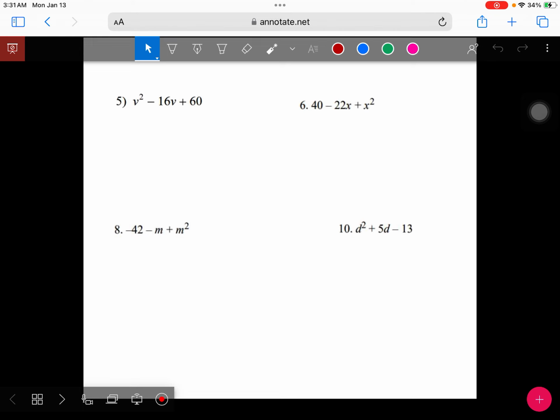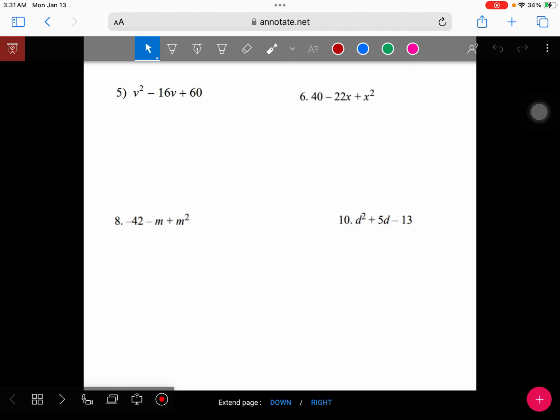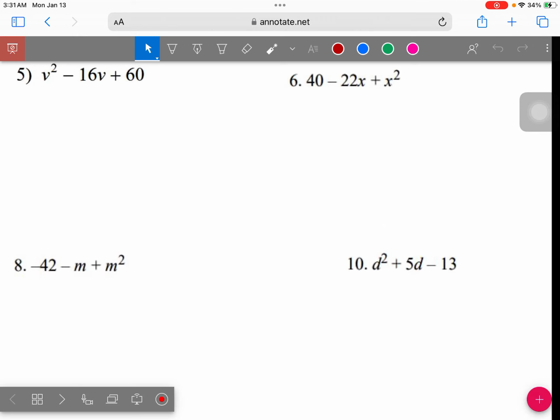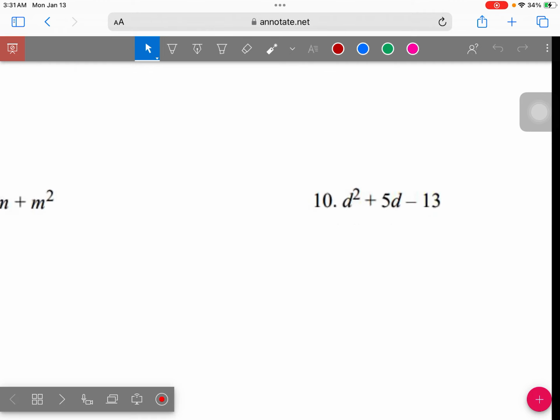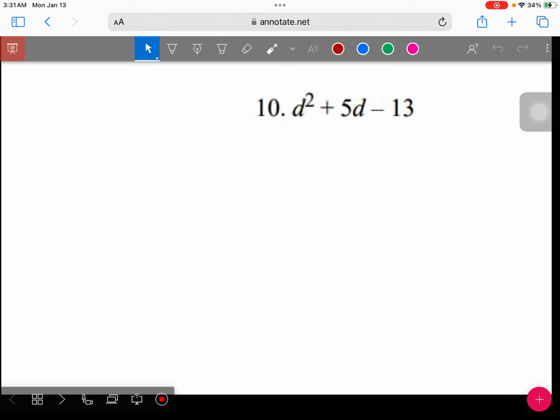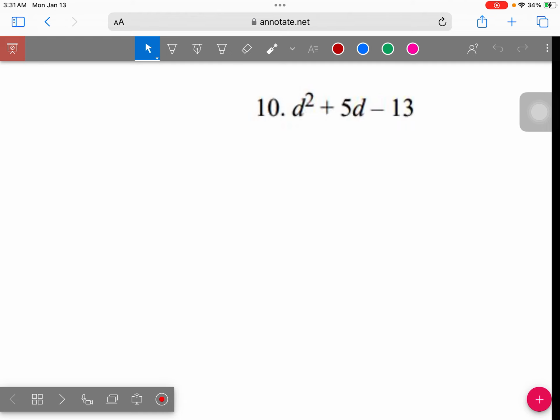I'm trying to look at these really quickly to see if there's one that is prime. I think number 10 as I look at it. So let me show you what I'm talking about here. So GCF, do I have one? And since this is a equals 1, I do not.